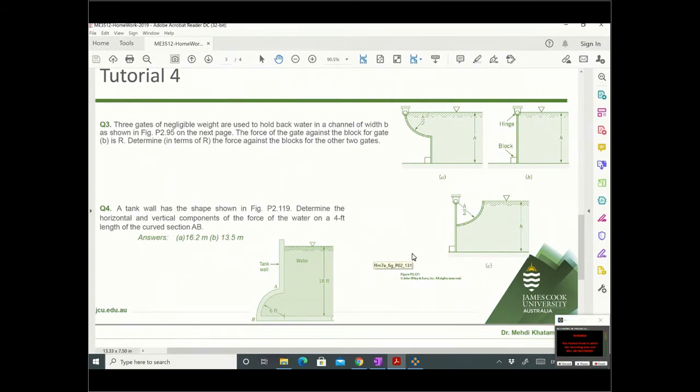It's the force times the area. It says height is h, depth is b, width is b. So b times h.